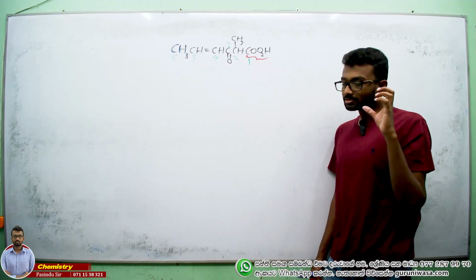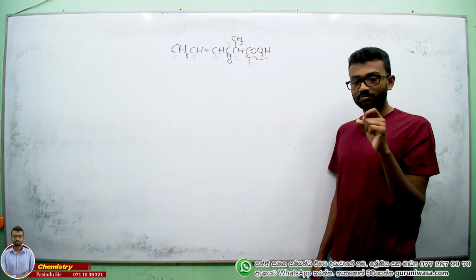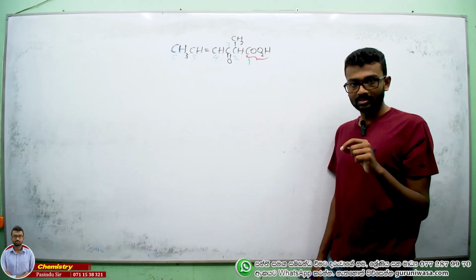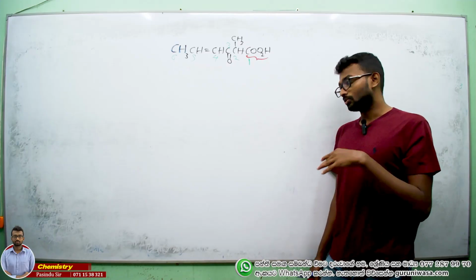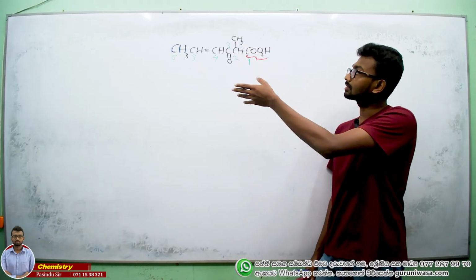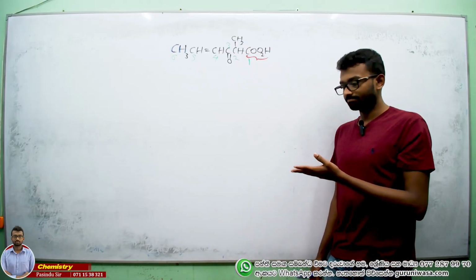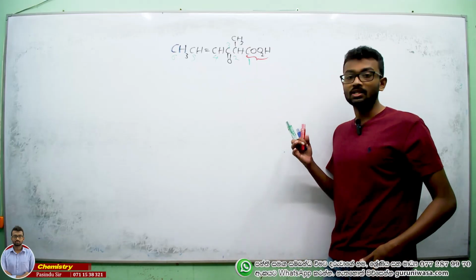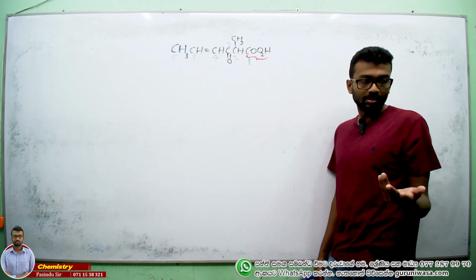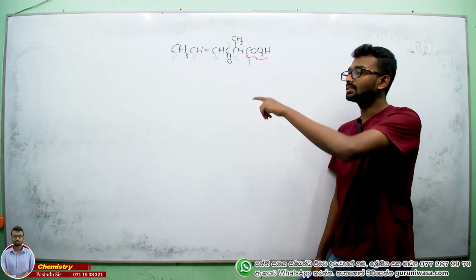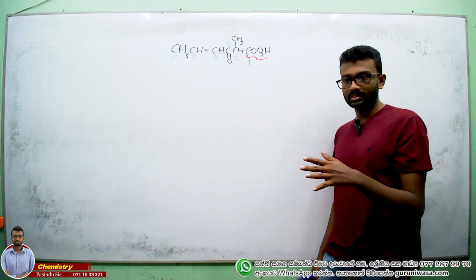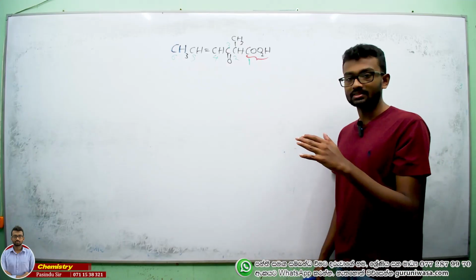It's 6 maximum. If you count all the carbons with the groups and all those things, you may get 8 or 9. But the main chain, the maximum number is 6. You never get higher than 6.